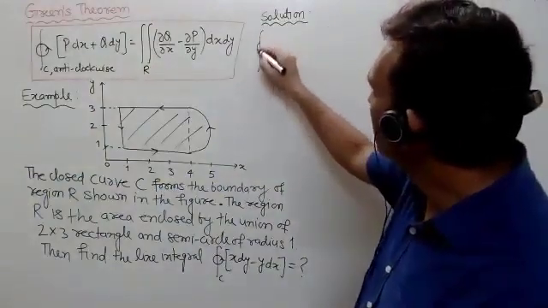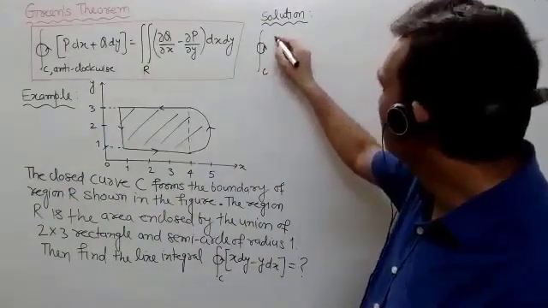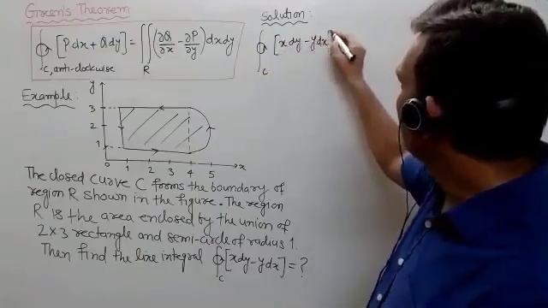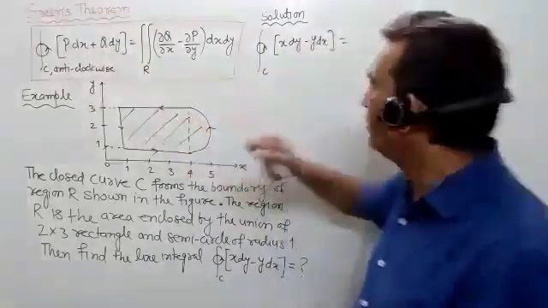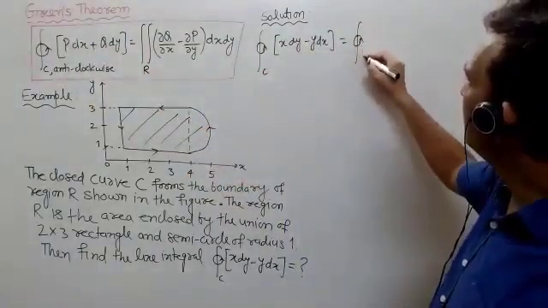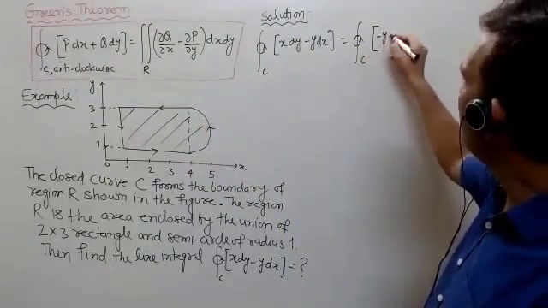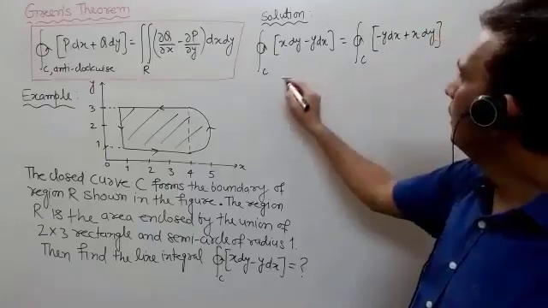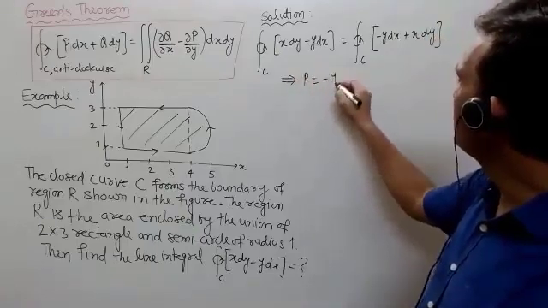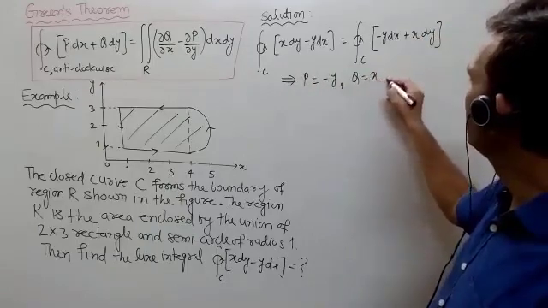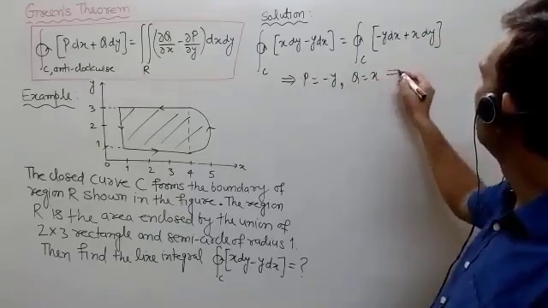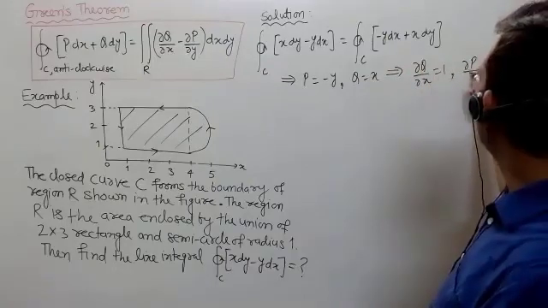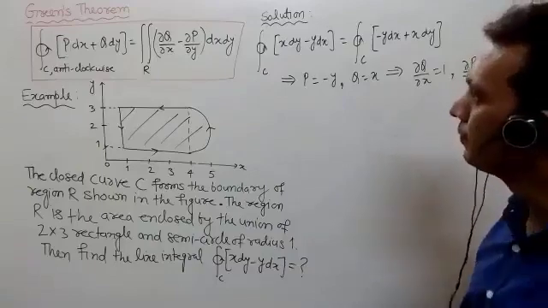You have to find the closed integral of x dy minus y dx. So you have to first express in this form. So you can write this as minus y dx plus x dy. So this will give you p is minus y and q is x. So del q by del x will give you 1 and del p by del y will give you minus 1.